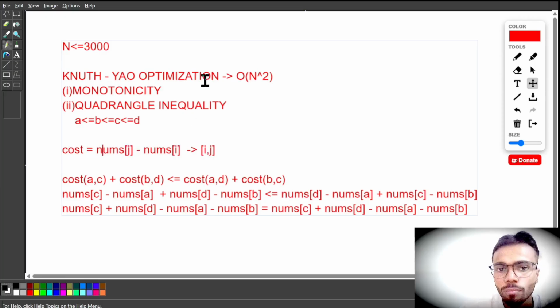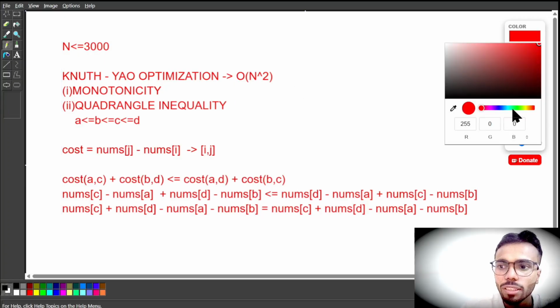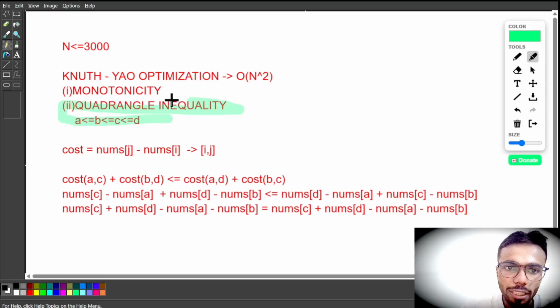So monotonicity is also checked. Even if it's not given, if I just sort the array, the monotonicity condition holds. Ultimately, we are left with only the quadrangle inequality. Are we checking this or not?